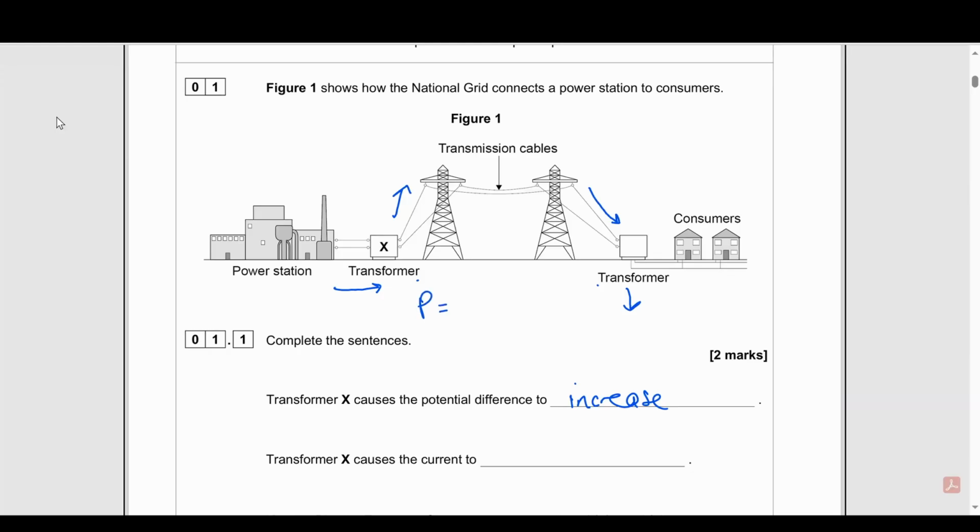However, when it's dealing with electrical power, we want to use the equation power equals current multiplied by potential difference. Now, if our potential difference has just increased due to the presence of our step-up transformer, then that would mean that the power would increase also.